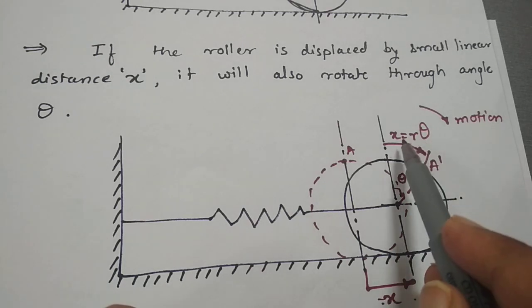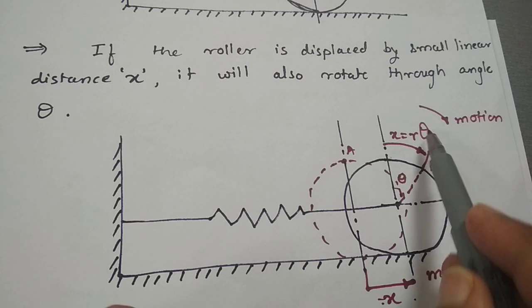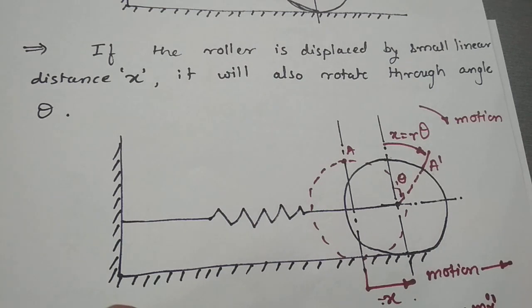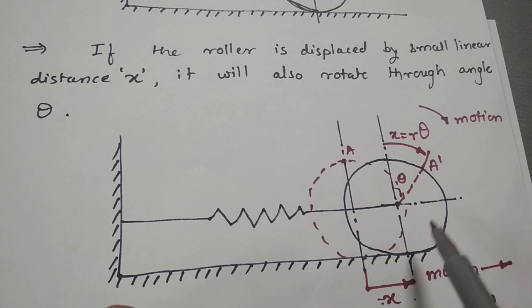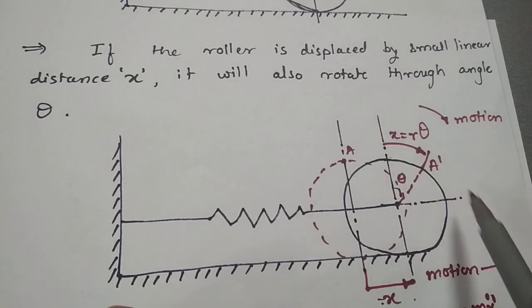Hence we can write x is equal to r into theta. Please keep in your mind there are two motions here. One is a linear motion of the roller along with the rotating motion of the roller.